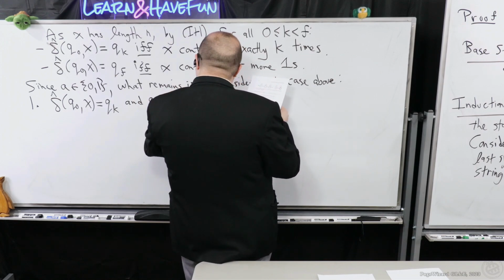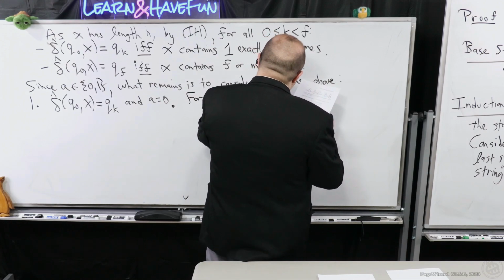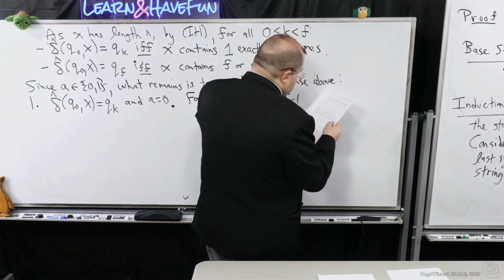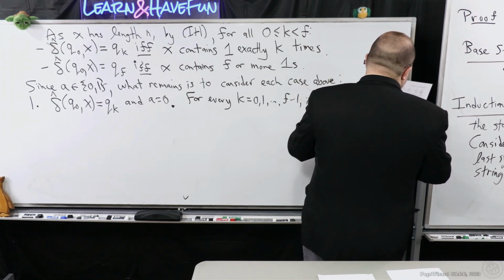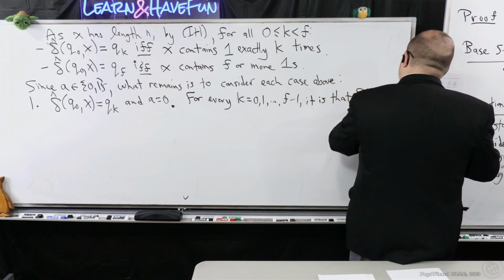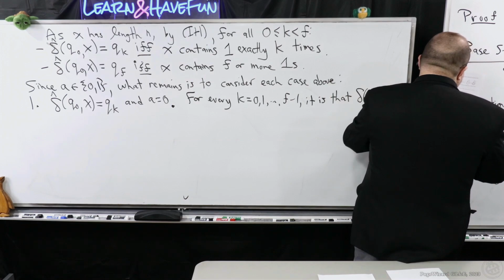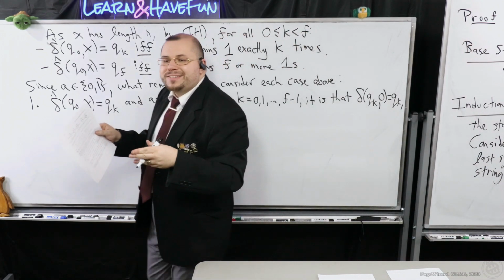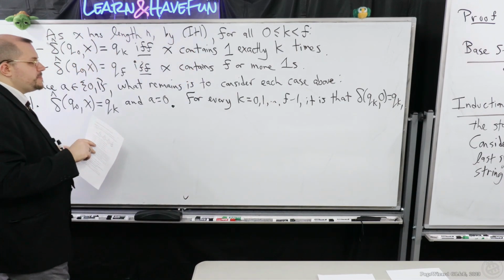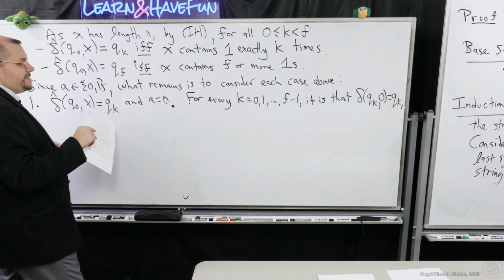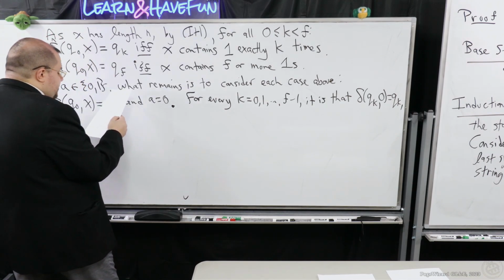So for every k equal to 0, 1, all the way up to f minus 1, it is that delta qk 0 is equal to qk. If I don't read a 1, I don't advance to the next state along the directed chain. So I just stay in the same exact state. So that's a property that every one of these states actually has.